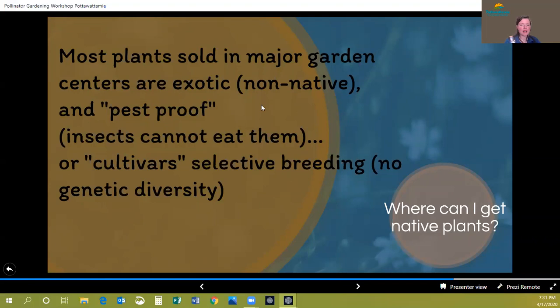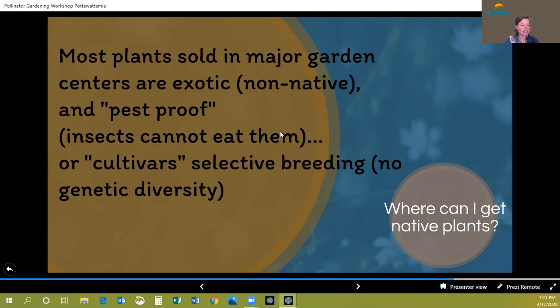They've been hybridized so that insects can't eat them, or they are not from around this area, so they have different chemical compositions that our insects have not evolved to eat. Or there are these cultivars that have had selective breeding, so we don't have that genetic diversity.